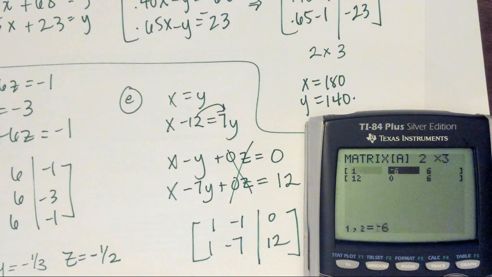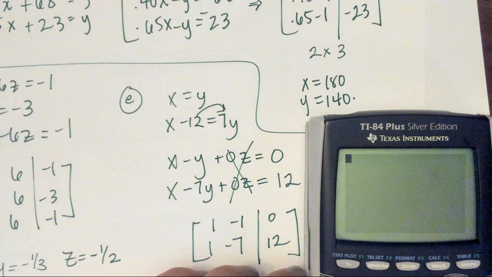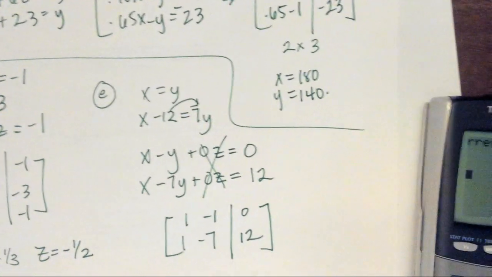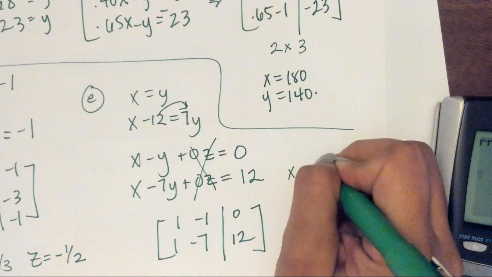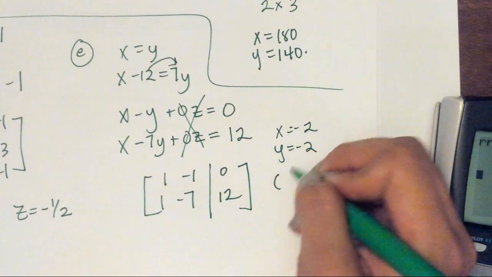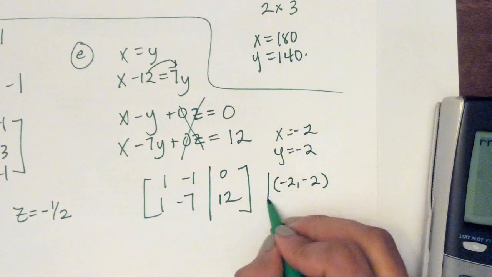So I get 1, -1, 0, 1, -7, 12, second quit, second enter, and then these are my answers. So I get -2, -2. If I put in coordinate mode, sorry, I get -2, -2. There's my answer.